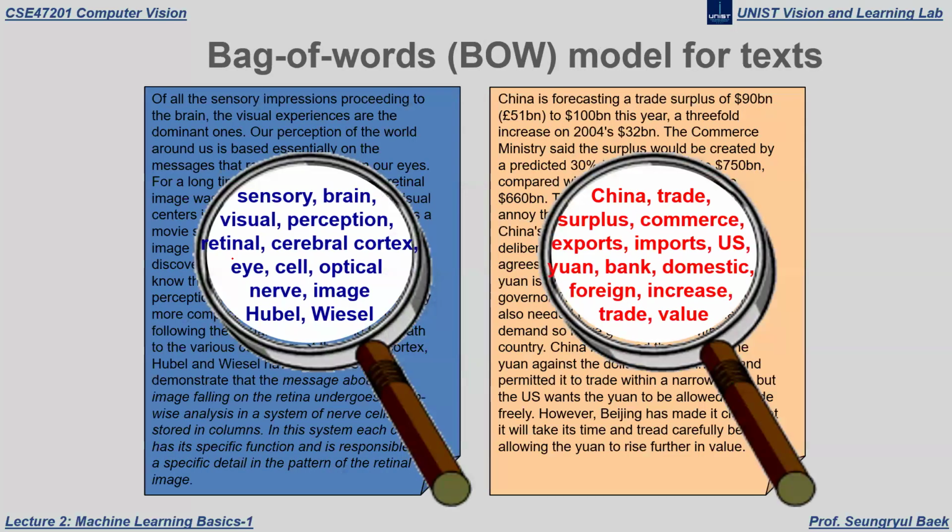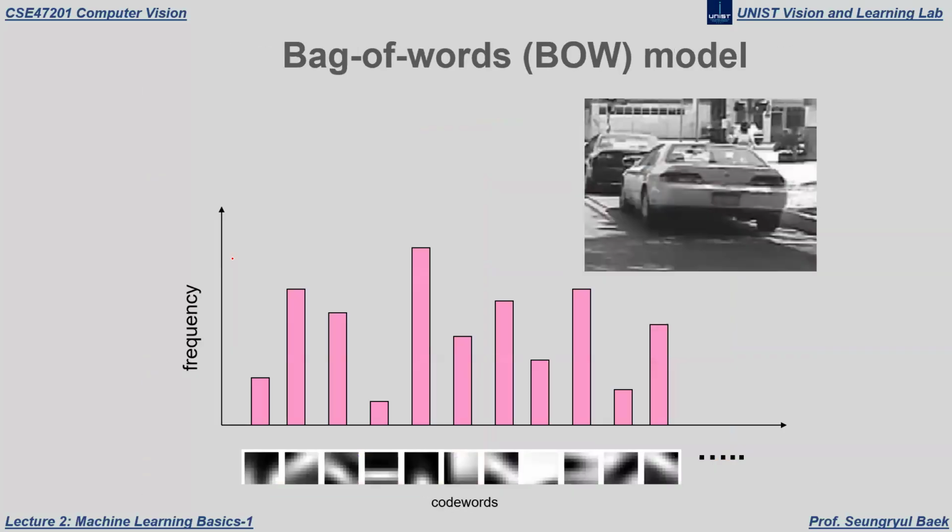In the text domain, this is quite simple, because the words are already well defined in our language. But when trying to encode images as a histogram of some words, in the image domain there are no such predefined words.